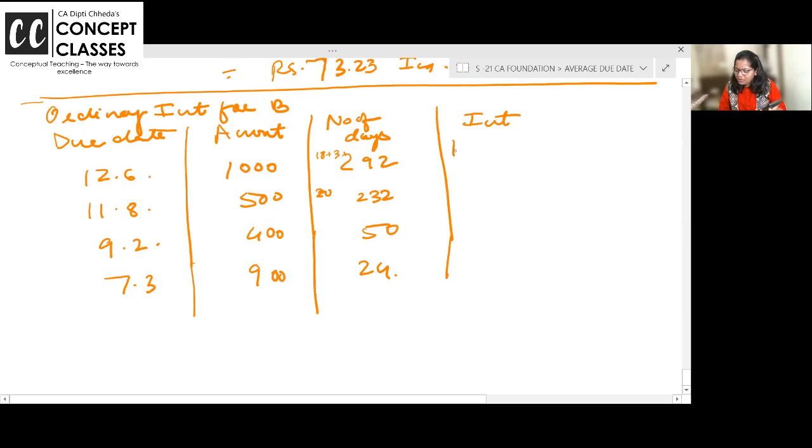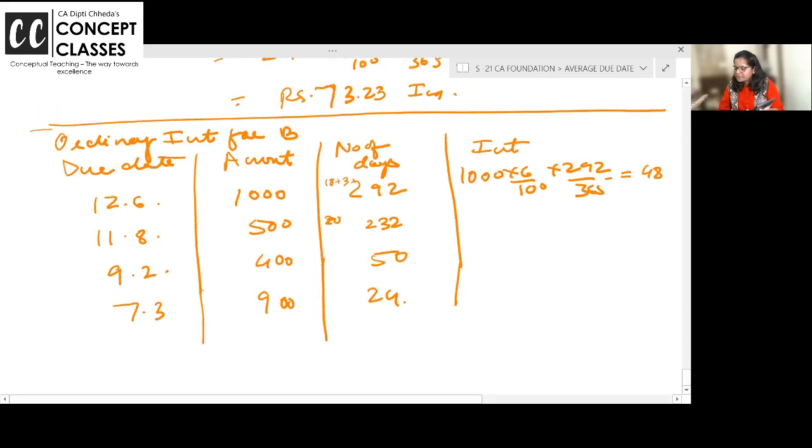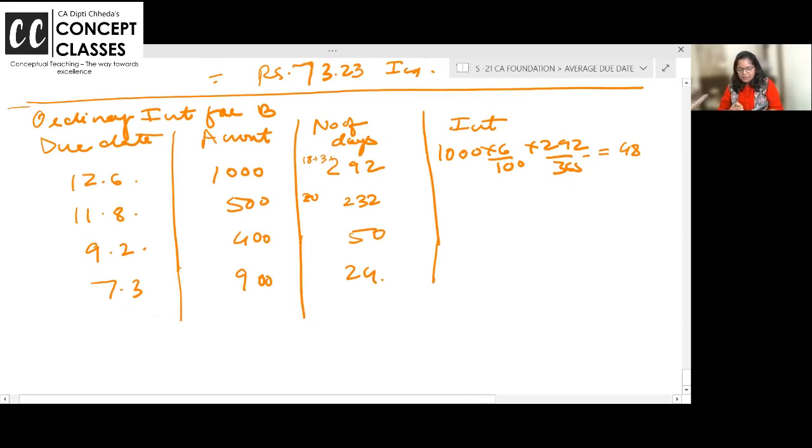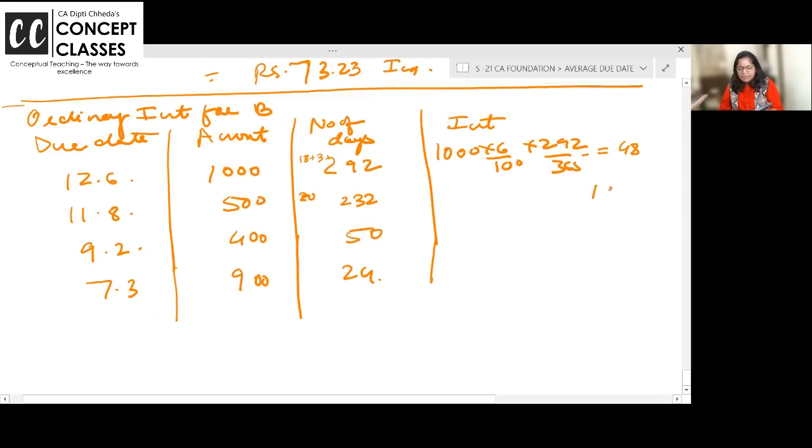Chalo. Now 1000 into 6% into 292 divided by 365. 500 into 6% into 232 divided by 365. How much is it coming? 19.07.